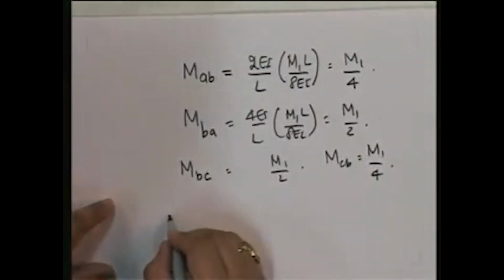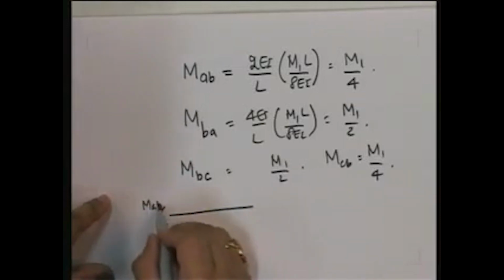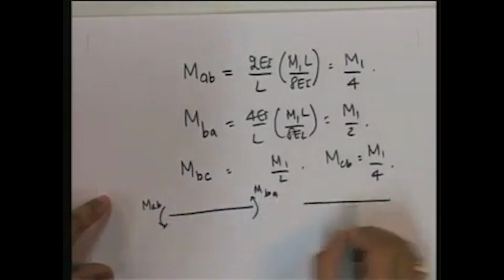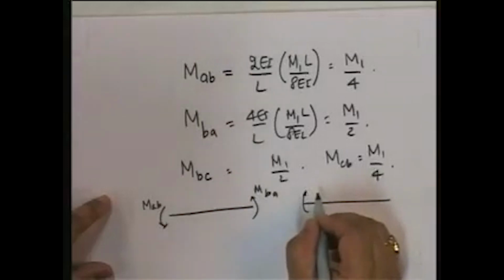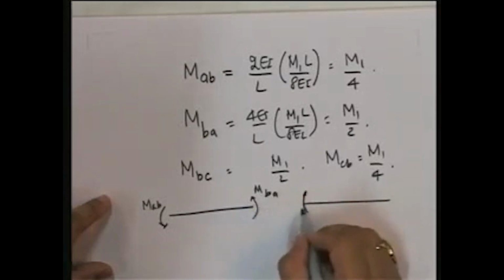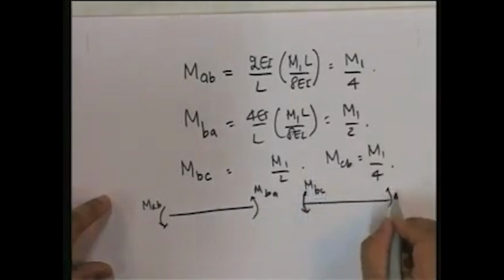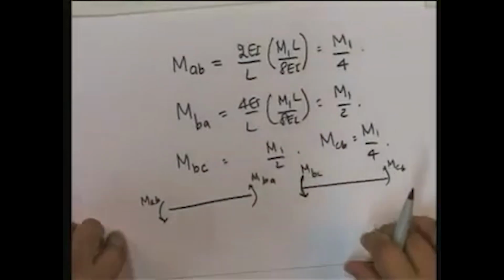So if I look at it, I have MAB, MBA, MBC, MCB. And since I know all of these, I can draw the bending moment diagram, because this is now a statically determinate structure where I know the member end moments.